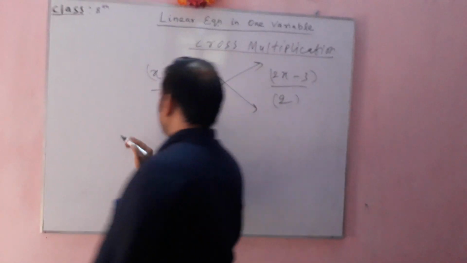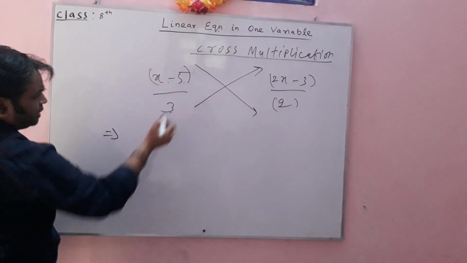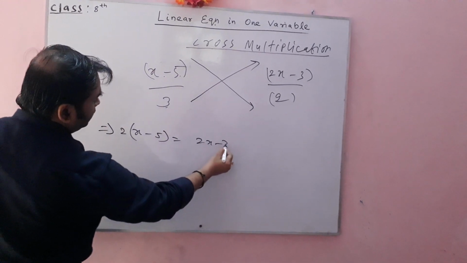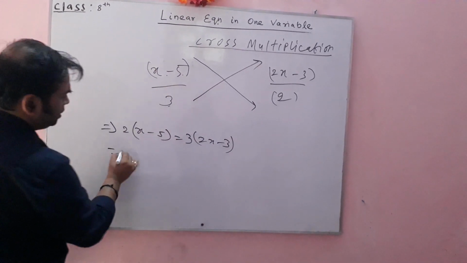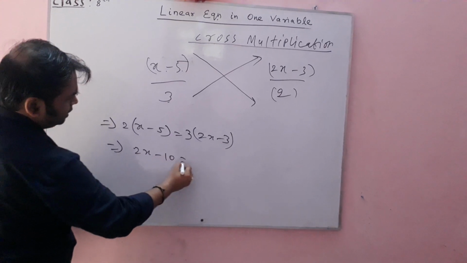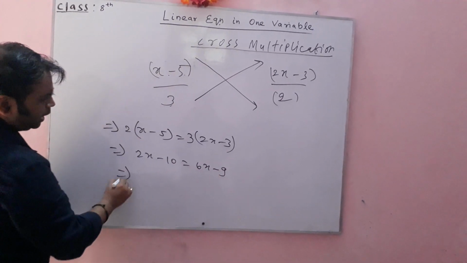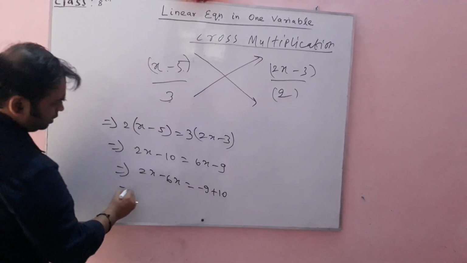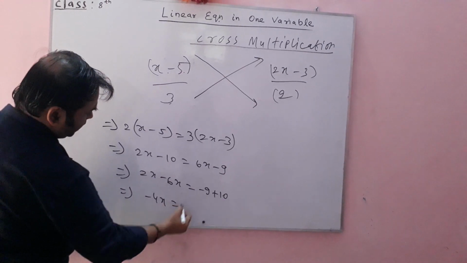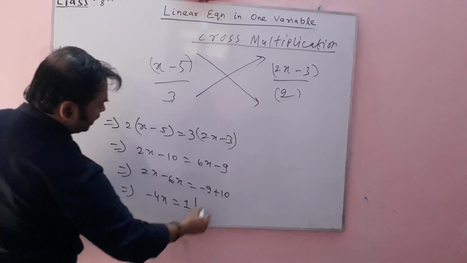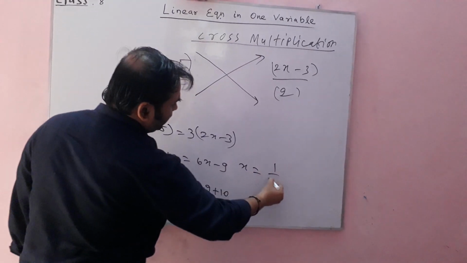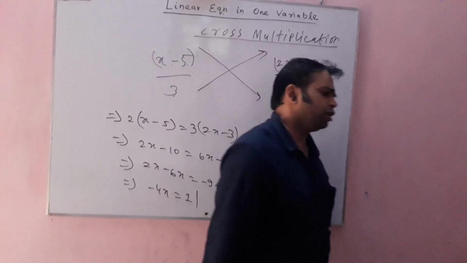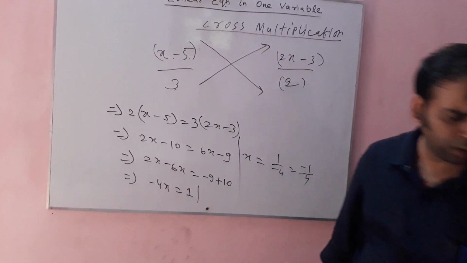So x minus 5 multiplied by 2, and 2x minus 3 multiplied by 3. So 2x minus 10 is equal to 6x minus 9. So 2x minus 6x is equal to minus 9 plus 10. 2x minus 6x is minus 4x, and 10 minus 9 is equal to 1. So the value of x is equal to 1 by minus 4, that means minus 1 by 4. These are the steps we use in the cross multiplication method to find the value of x.